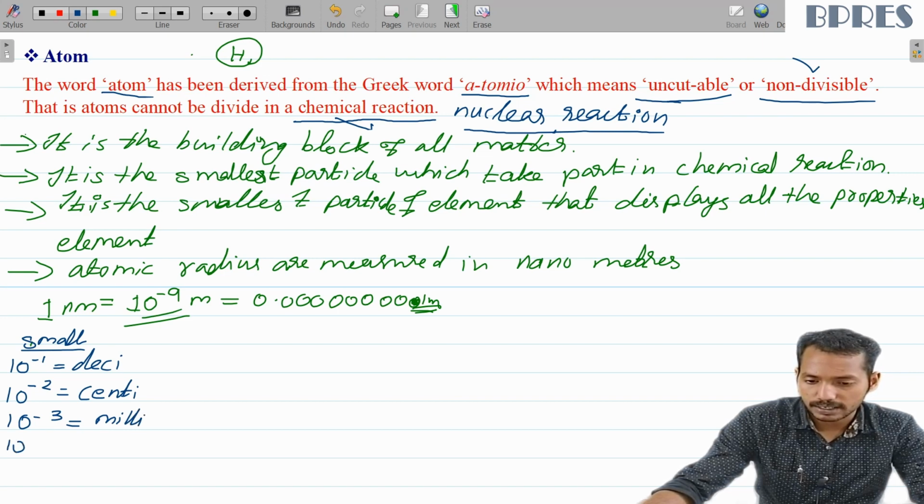And 10 raised to minus 4 and 5 we usually don't use. 10 raised to minus 6 is micro. Microorganisms are in this range. Then 10 raised to minus 9 is nano.